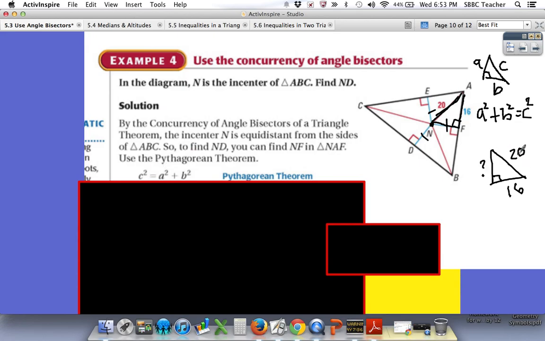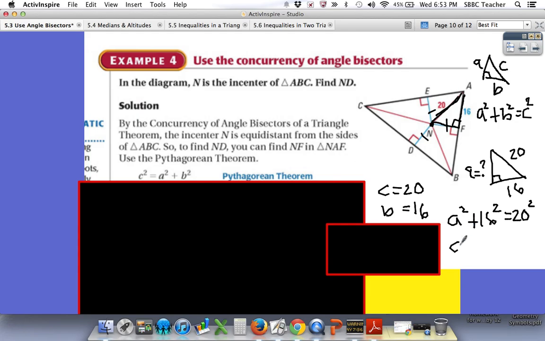So here the C is 20. The B is 16. And we don't know what A is. That's what's missing. So we do A squared plus 16 squared equals 20 squared.